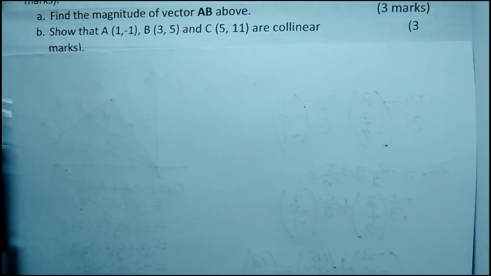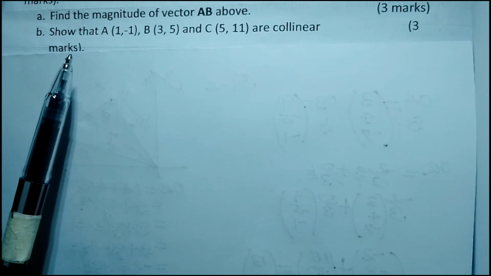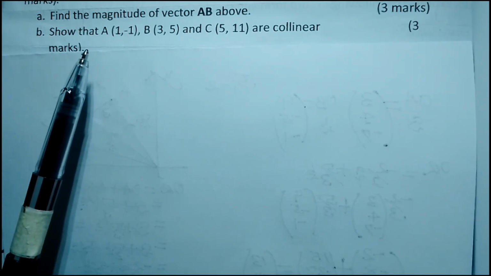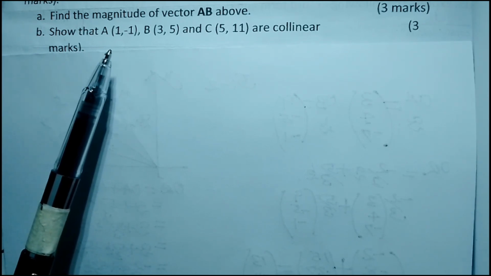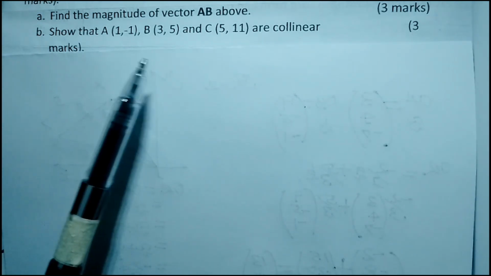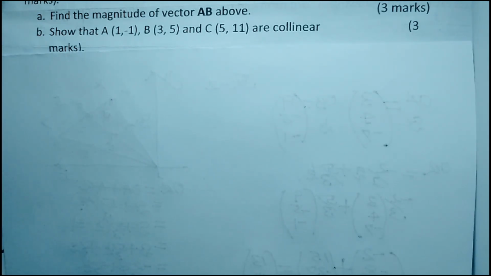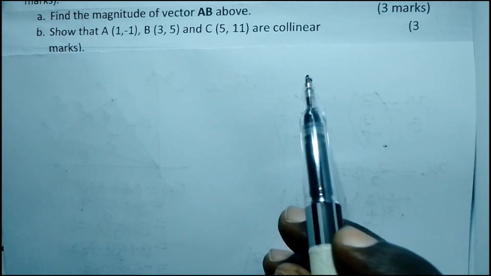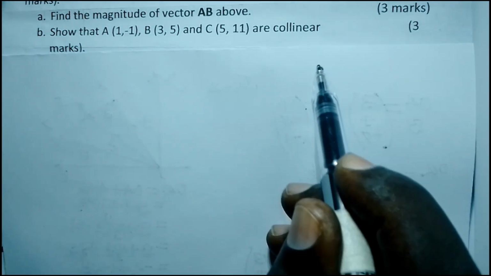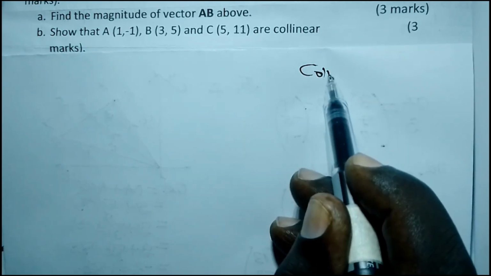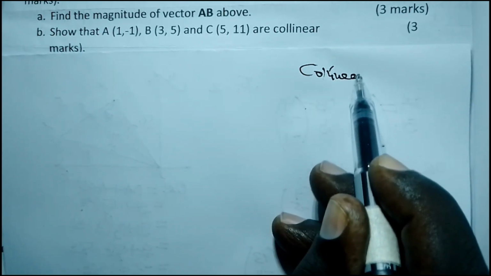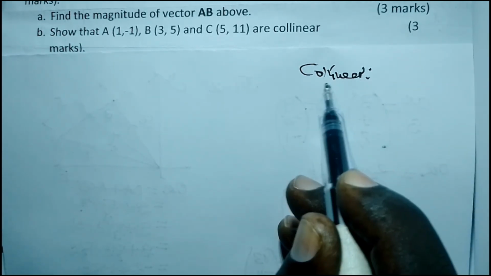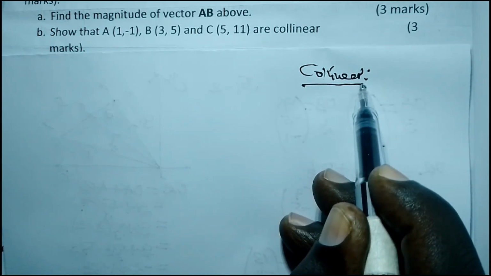In part B, you're told to show that points A(1, negative 1), B(3, 5), and C(5, 11) are collinear. Now, what do we need to remember about collinear points? If points are collinear, it means that they lie on a straight line.